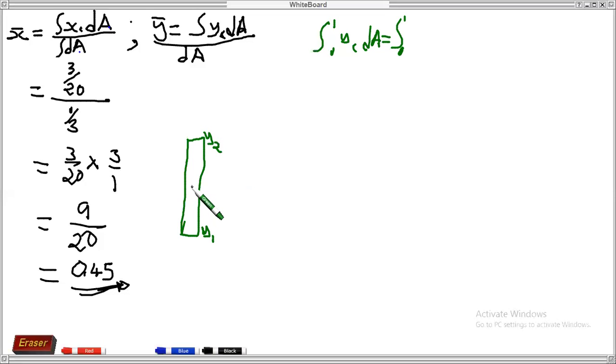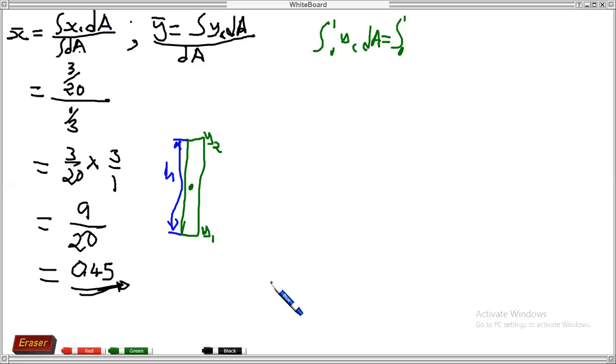So the center of mass will be somewhere in the middle here, isn't it? Yes, sir. The only way you'll find out is, if the height of this element is h, then this center should be half of h, isn't it?